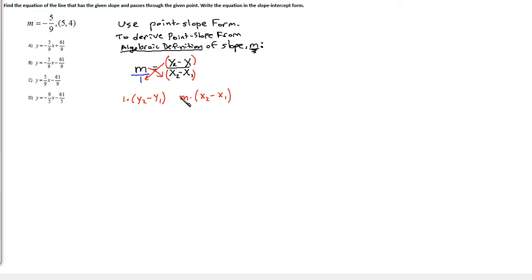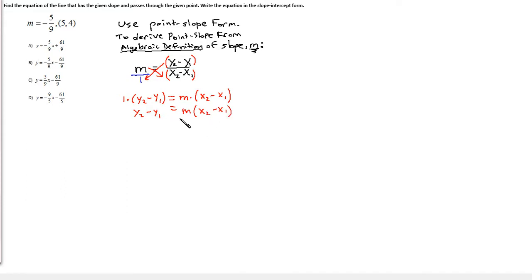Set them equal to each other because it follows the rules for proportions. Now simplify. 1 times y2 minus y1, anything times 1 is itself. We leave the right side as m times x2 minus x1.